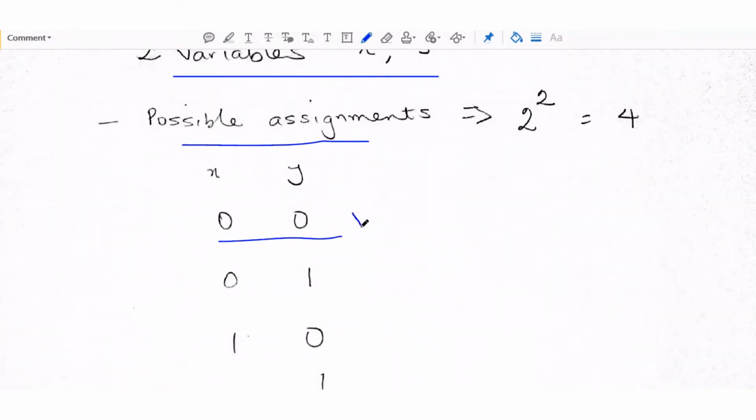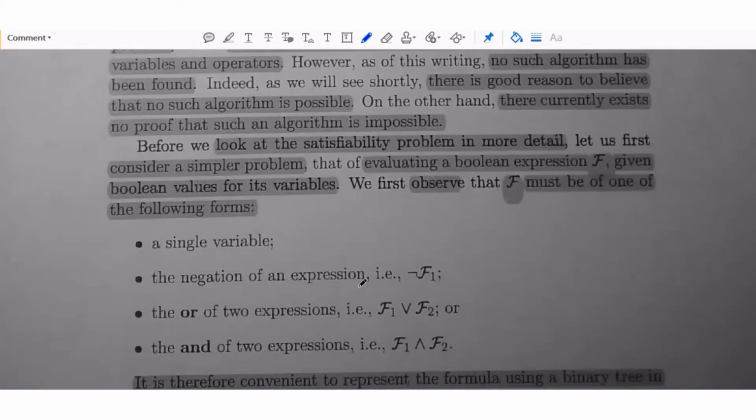So this assignment satisfies our expression. We can say that the expression is satisfiable using this assignment of x equals 0 and y equals 0. Likewise, we pick the second one to check: x is 0 and y is 1.